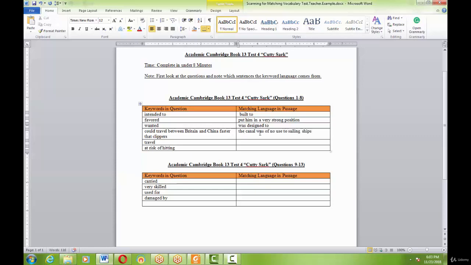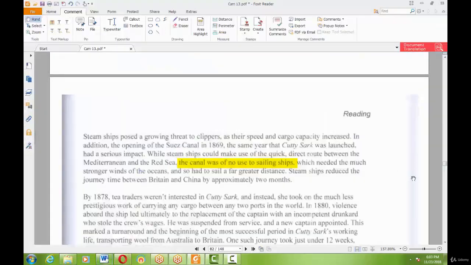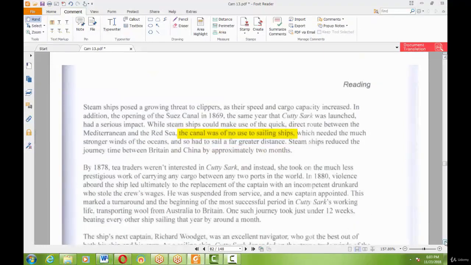Sailing ships was a synonym for clippers. So, yeah, if we were answering this, actually it would be true. But this is the language that matches this, that confirms this language. This is the matching language. Then what I want to do.